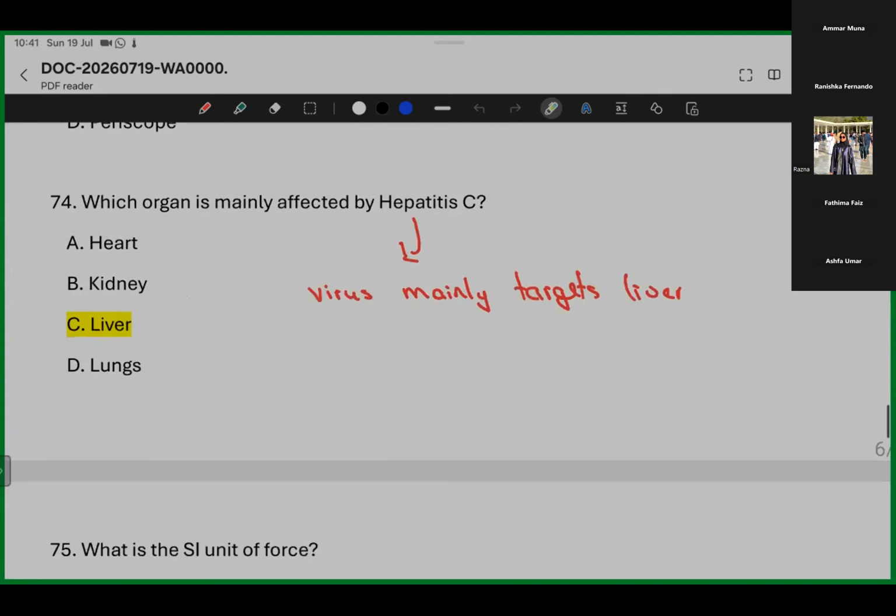Question 74, which organ is mainly affected by this virus? And the answer is C. Just have a list of viruses and where they affect, because this would help you a lot in the paper. So the answer is only C, because this virus does not target the heart, kidney, or lungs.